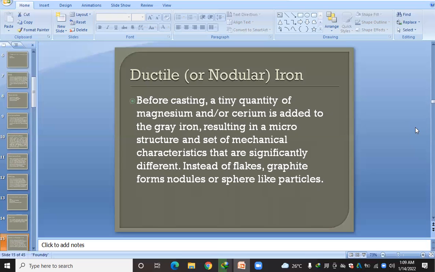Instead of flakes, graphite forms nodules or sphere-like particles. So kani siya, before ka magkasting, ibutang na ang magnesium or cerium sa kanang gray iron.